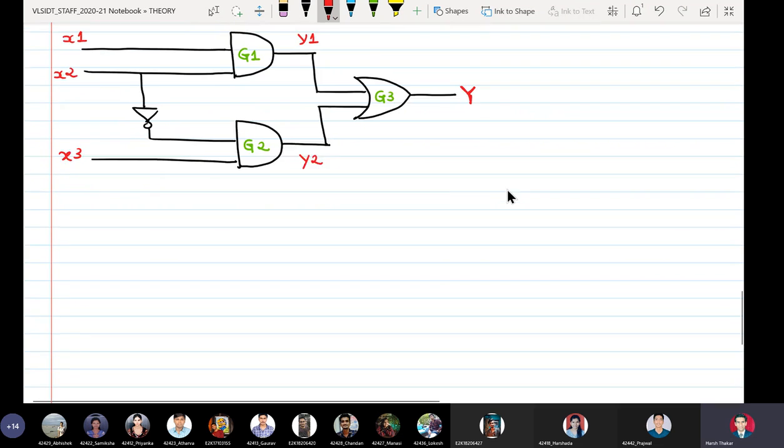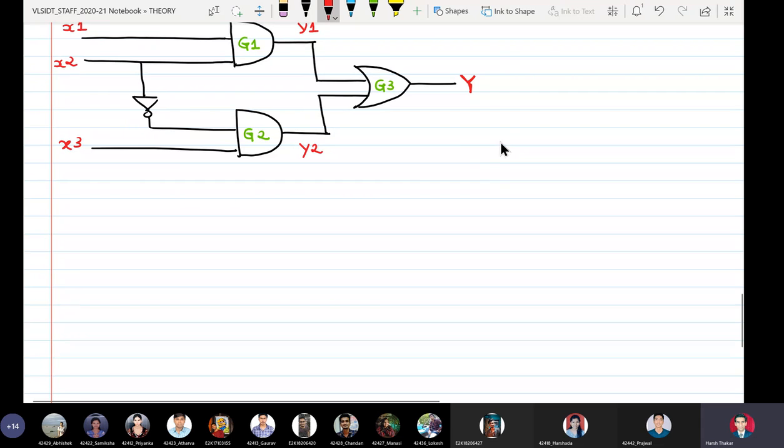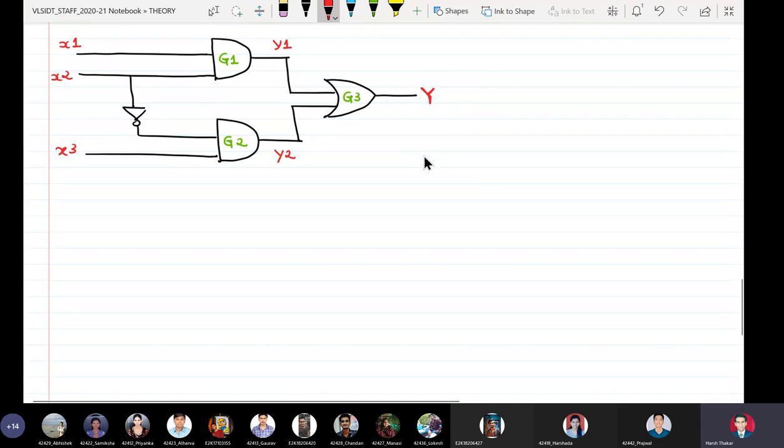Now we can also put down equations here. y1 is x1 ANDed with x2, y2 is x2 bar ANDed with x3, and the final output y is the ORing of y1 and y2.